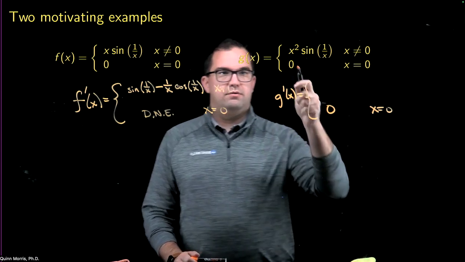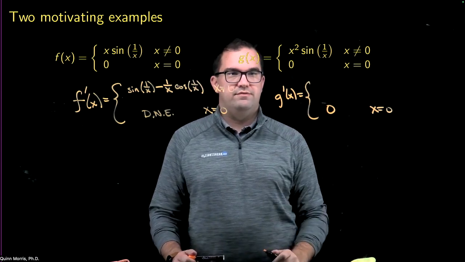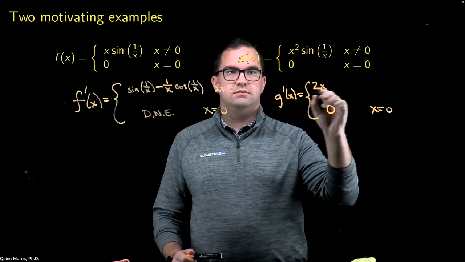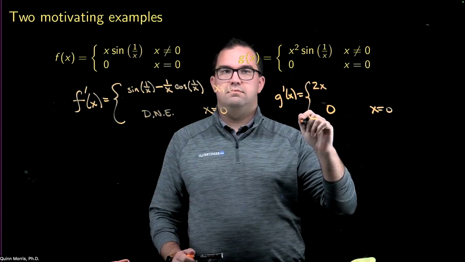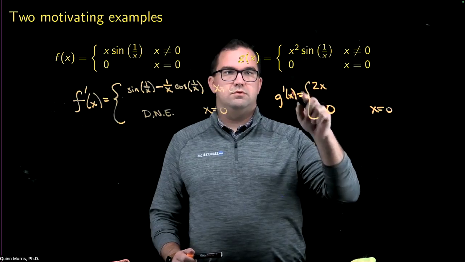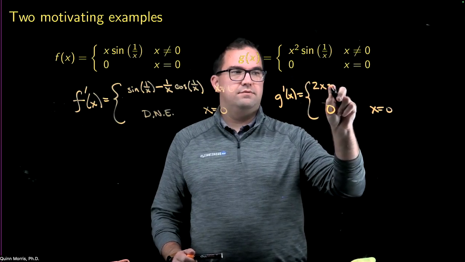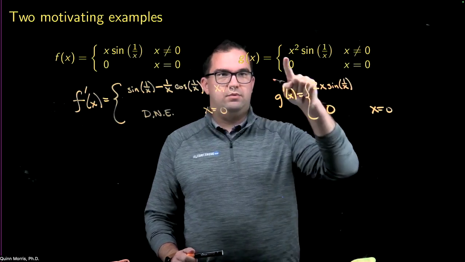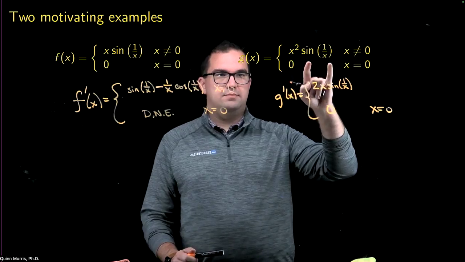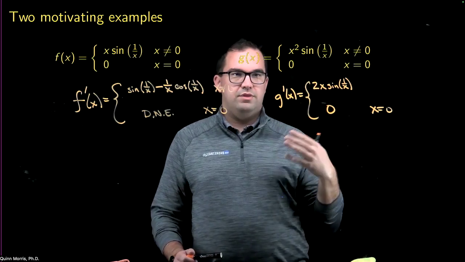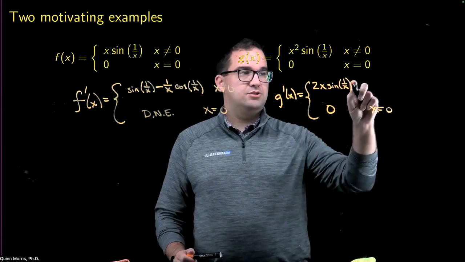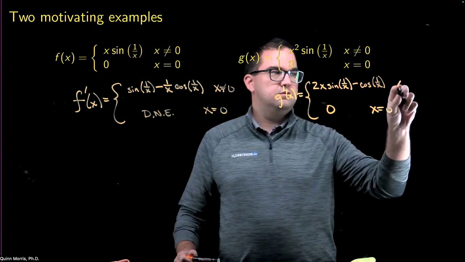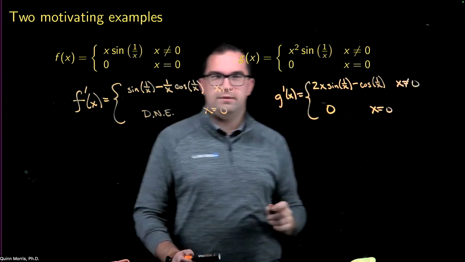And here, if we just use our normal derivative rules, we would get a 2x, the derivative of the first part times leave the second part alone, and then we would leave the first part alone times the derivative of the second part. With a little bit of simplification, that's just going to become a minus cosine of 1 over x, for x not 0.